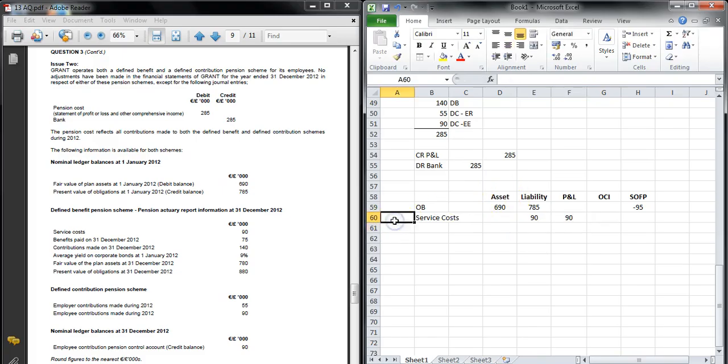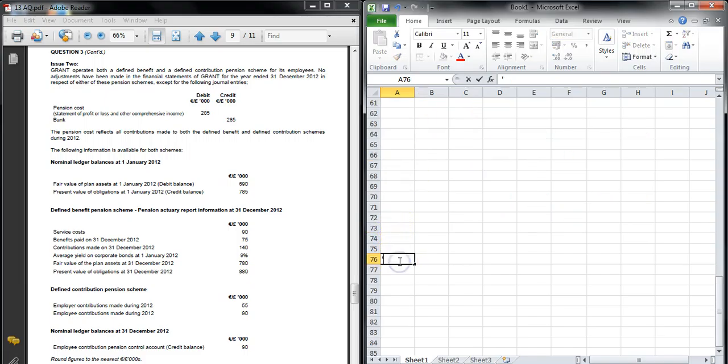So we'll put in here 1, and we'll come down to do our journal entries. We'll do a journal entry for 1. It will be debit P&L, credit pension liability.